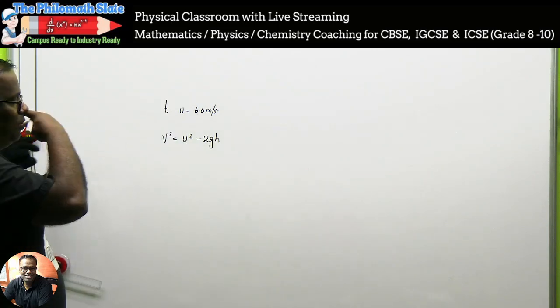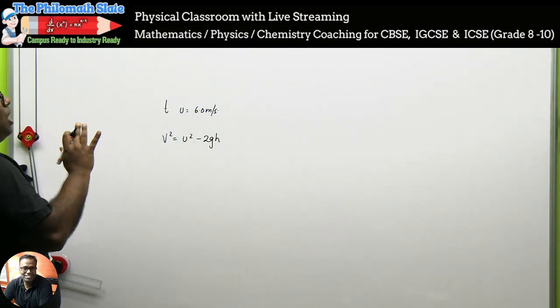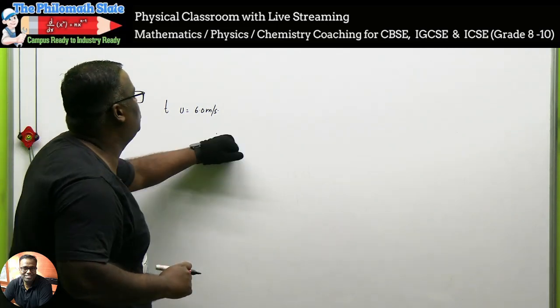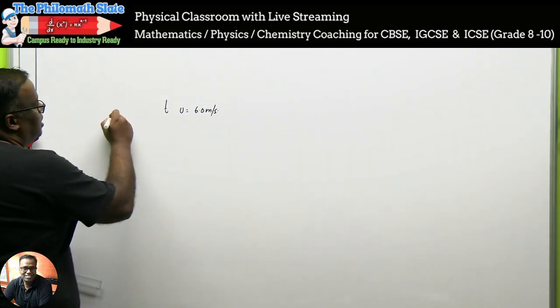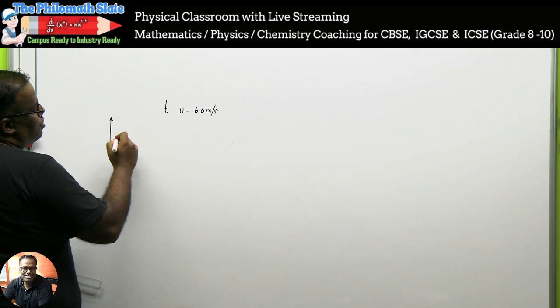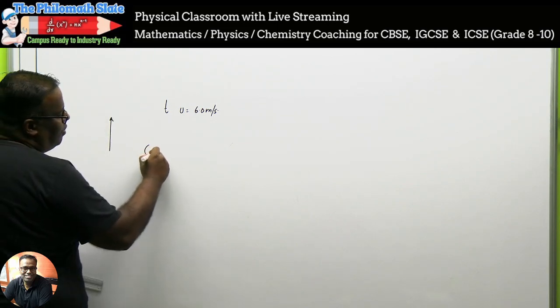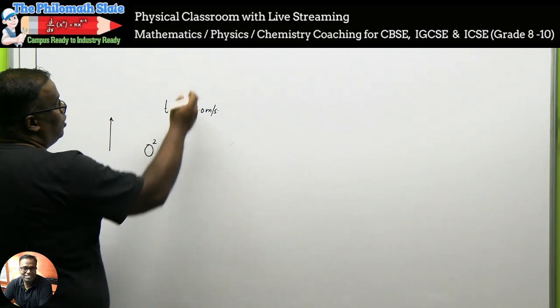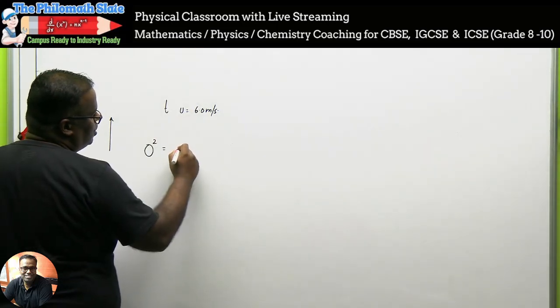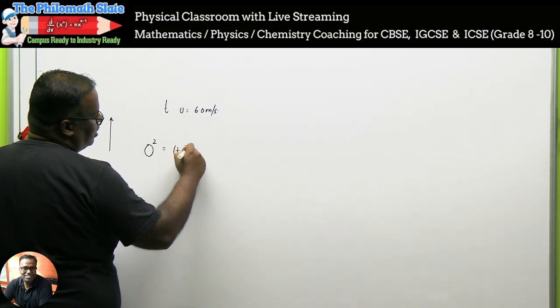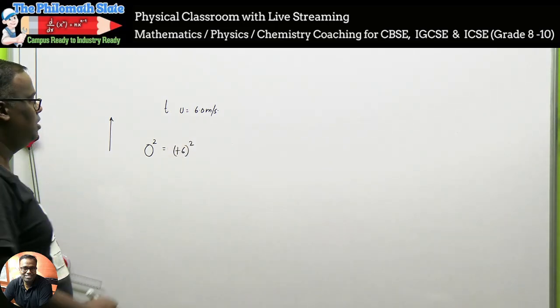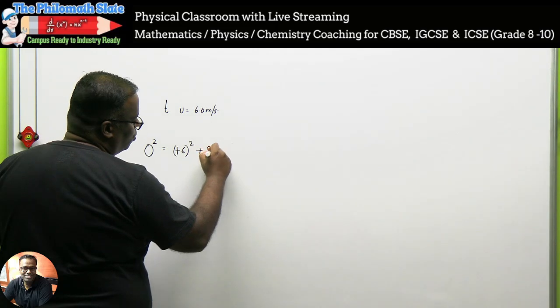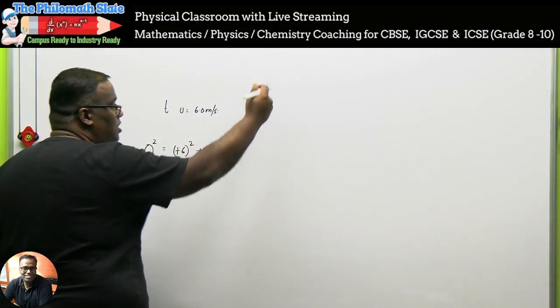And if you want to do it from the basics, very nice. You are going upwards, so at the maximum, your final velocity would be 0 square, right? Initial velocity is upwards, so v square equals u square plus 2a, where a means the gravity.